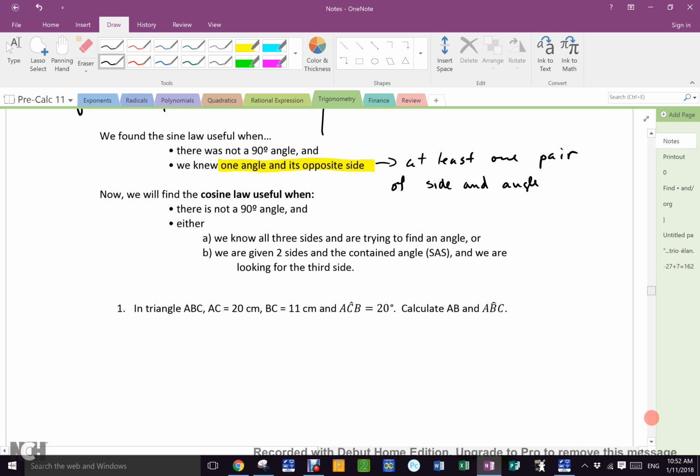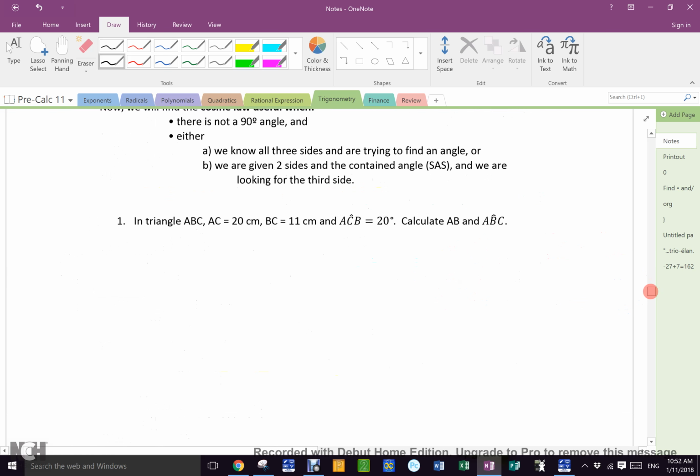And sine law worked no matter what. It found sides and angles, both, right? But cosine law you got to be a little more careful of.